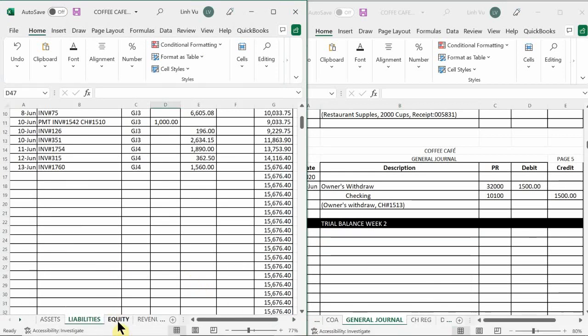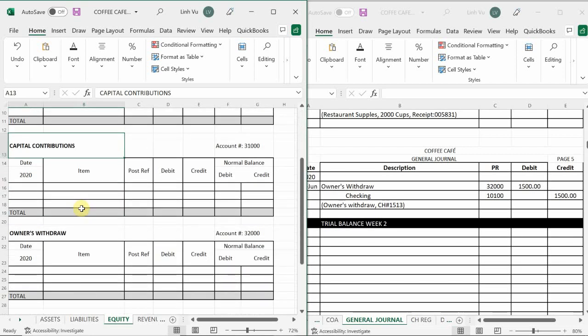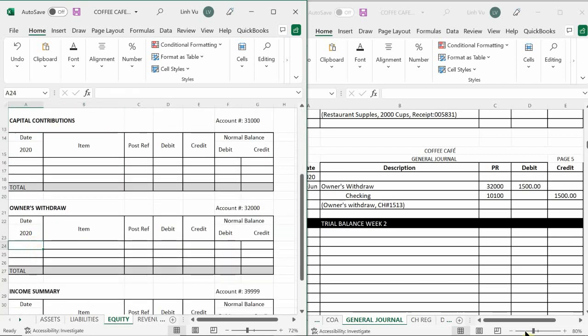We're going to be tapping into our equity account because owner's withdrawal is the first thing I have here. So today is the 14th. And you could say owner's withdrawal, and you could say how did he withdraw? Well, he used a check number 1513.